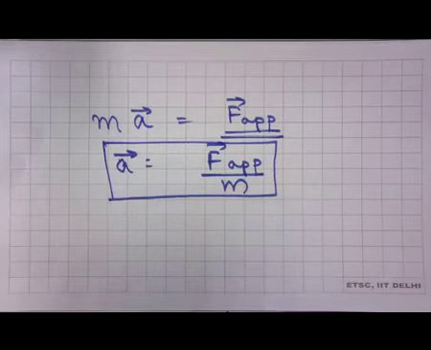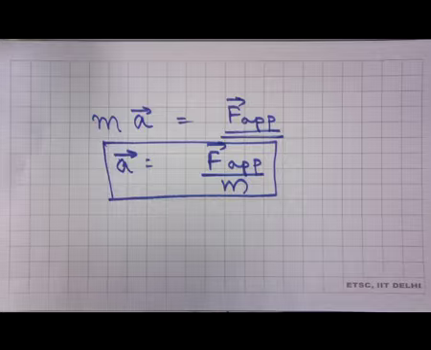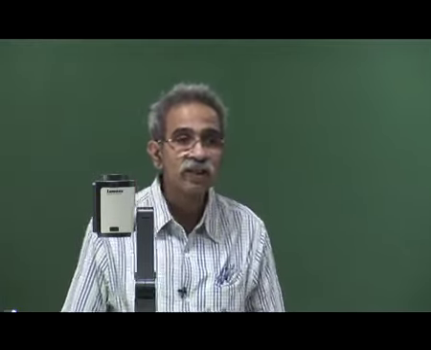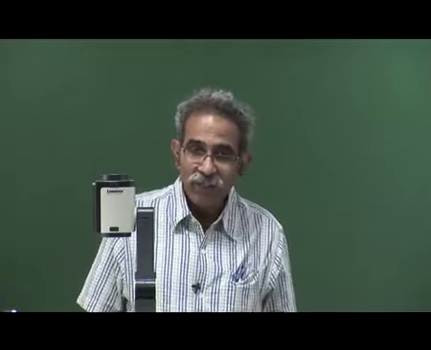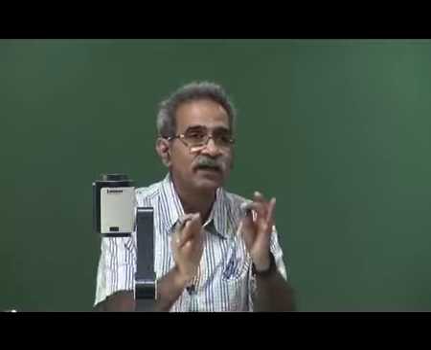Now, I will become a little bit fussy, and I will remind myself that this mass is not any ordinary mass, it is inertia. So, there are two concepts of mass. We have to understand that. One concept is the quantity of matter contained in an object. So, imagine that it is made up of identical atoms.